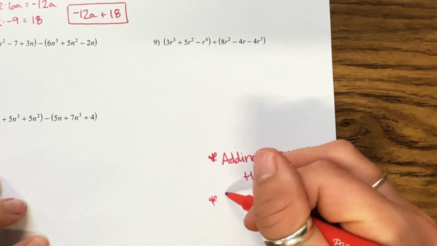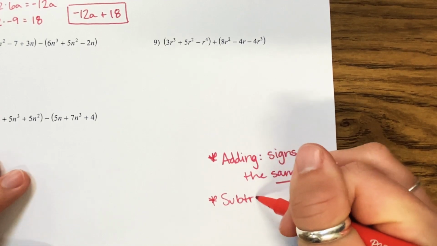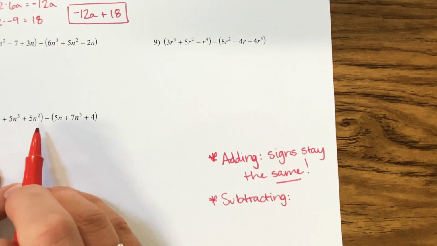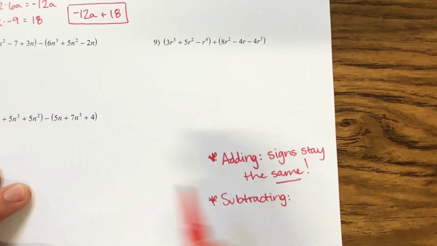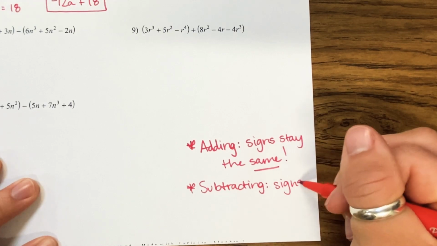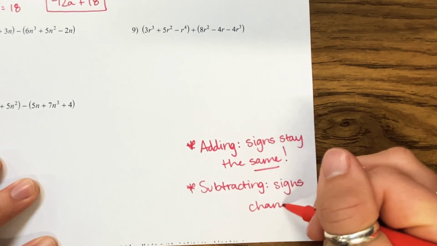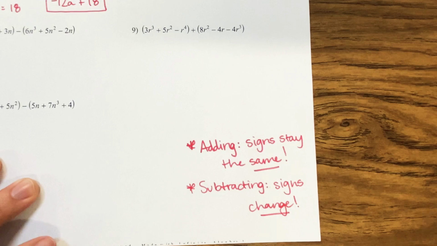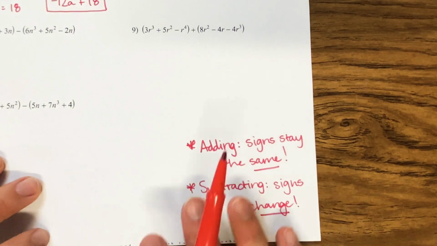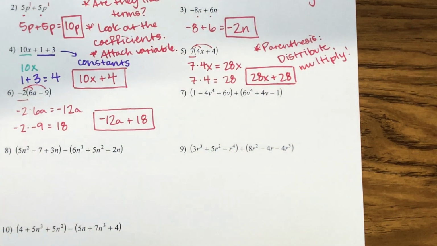When we are subtracting them, meaning when there's a subtraction sign in the middle, like on number 8 and 10, the signs change. So adding, signs stay the same. Subtracting, signs change.